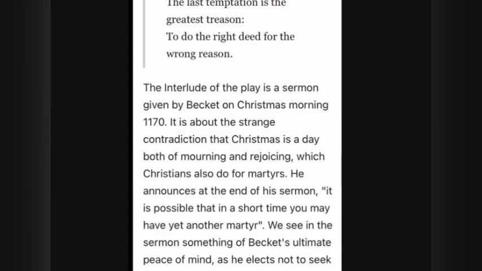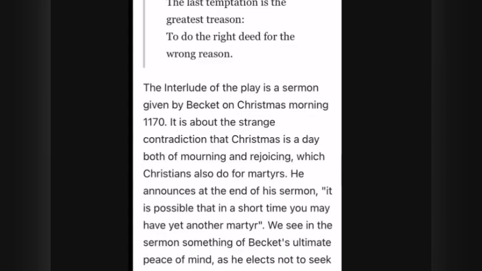Now, the interlude of the play is a sermon given by Becket on Christmas morning in 1170. It is about the strange contradiction that Christmas is a day both of mourning and rejoicing, which Christians also do for martyrs.